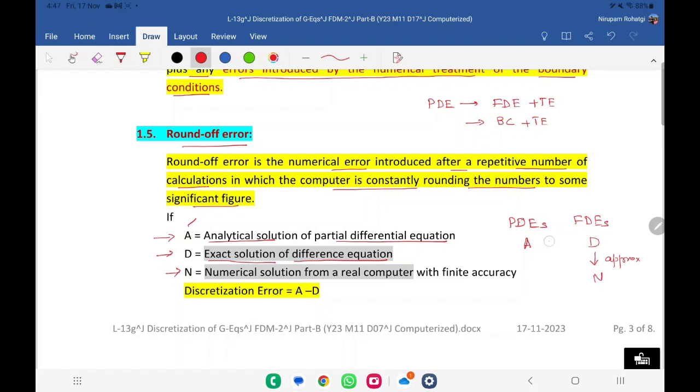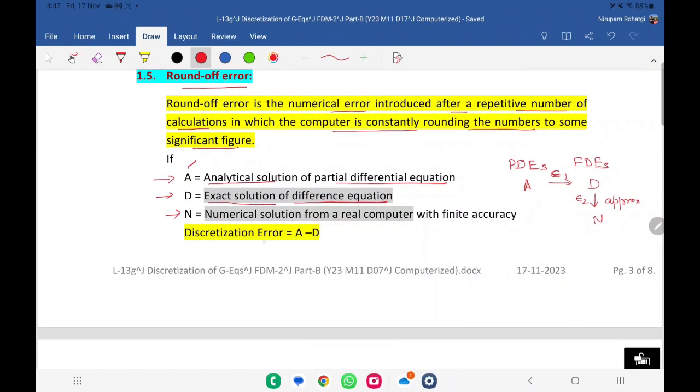So one error occurred here and one error occurred here. There are two types of error which are occurring. One is because of discretization, one is because the solution of the discretized equation cannot be done directly. It has to be done through approximate methods. Okay. Now the discretization error is called A minus D. The difference between the exact analytical solution and the exact solution of the finite difference equation.